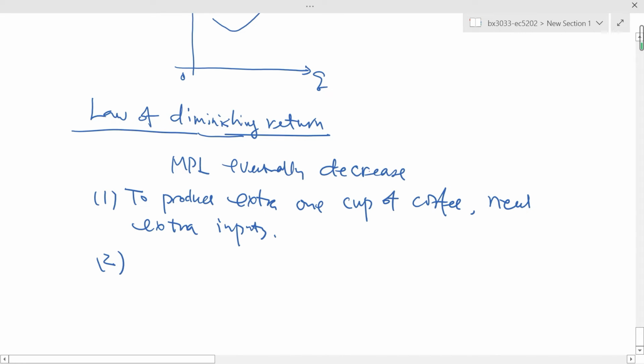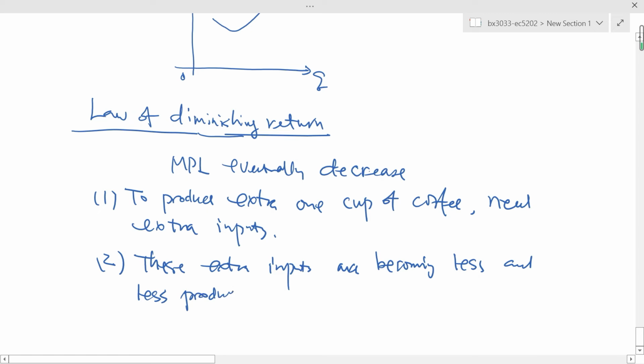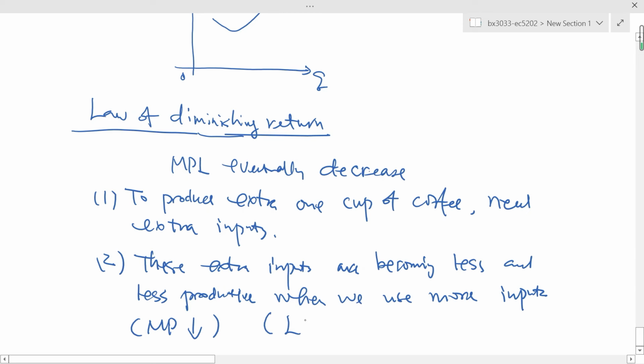Second, these extra inputs, for example workers, coffee beans, milk, and so on and so forth, are becoming less and less productive when we use more inputs, or the marginal product decreases. And this is the law of diminishing returns.